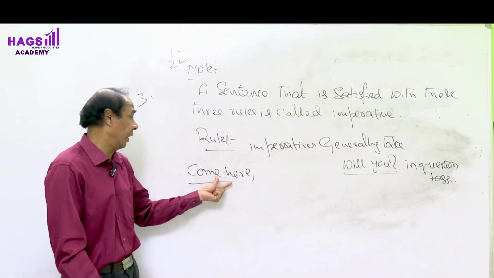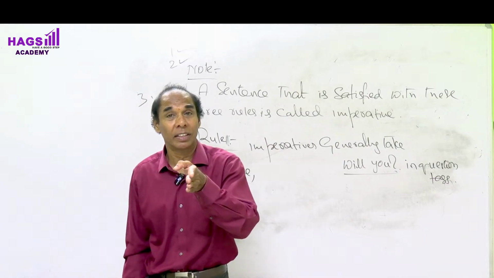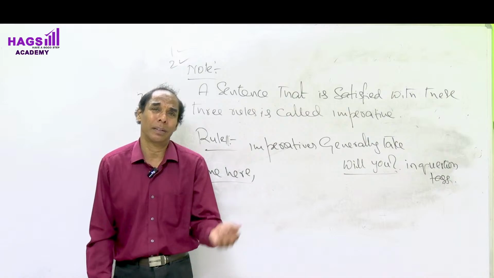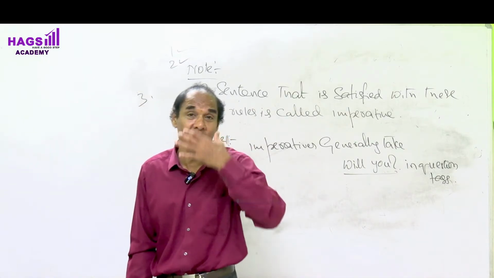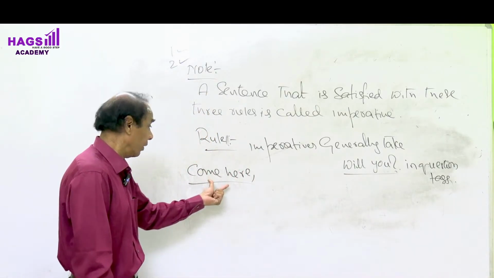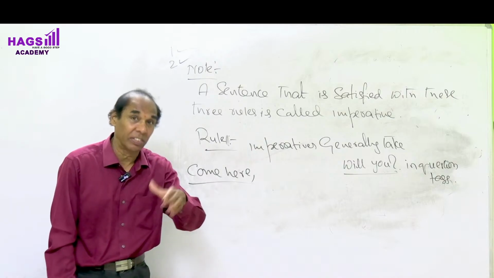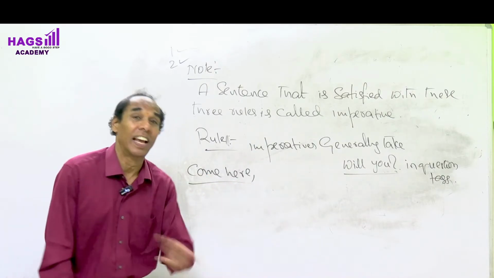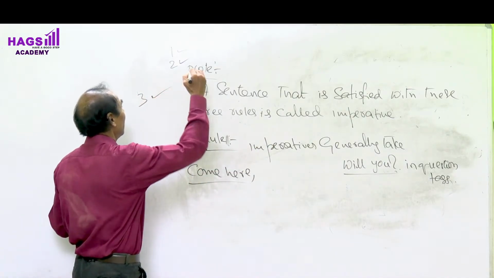We can express this sentence in the form of command as well as request. For example, come here, request. Come here, command. By changing the expression on our face, we can use this sentence as a request as well as a command. So rule number 3 is satisfied.